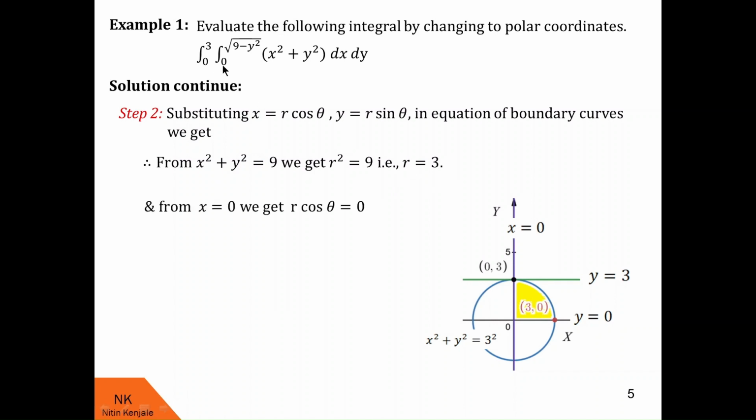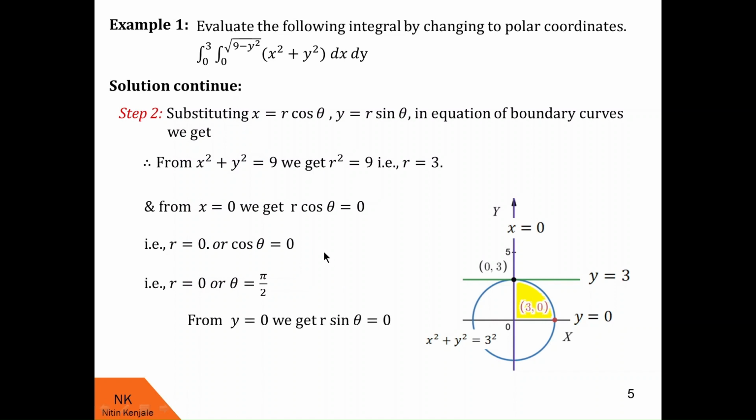From the second equation, that is x is equal to 0, we get r cos theta is equal to 0. That is either r is equal to 0 or cos theta is equal to 0. Cos theta is 0 at theta is equal to pi by 2. Therefore, we get either r is equal to 0 or theta is equal to pi by 2. Now, let's take the equation y is equal to 0.